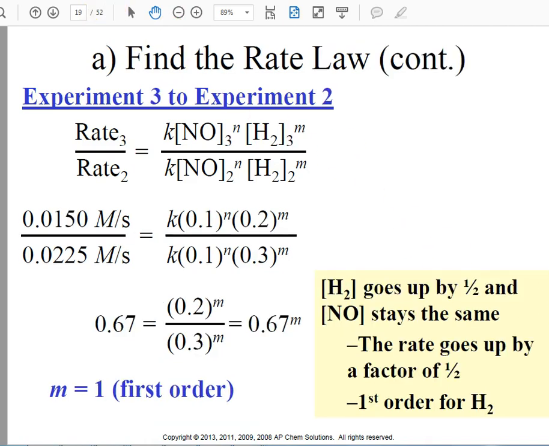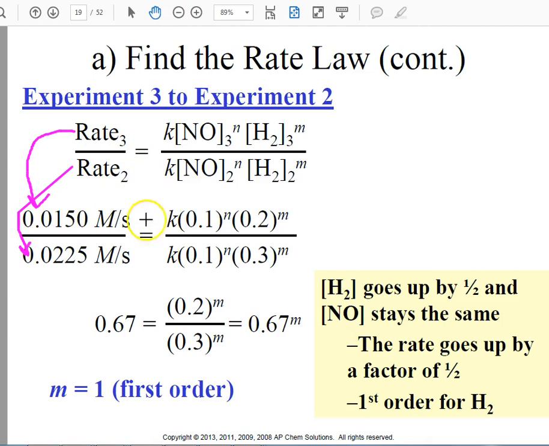Right? Then they used experiments 2 and 3 and compared those. So you have the rate from 3 and the rate from 2. Now, it does not matter which one you put on the top and the bottom, and they purposefully flip-flop these just to show you that. So you could do 1 over 2, 2 over 1, 3 over 2, 2 over 3.